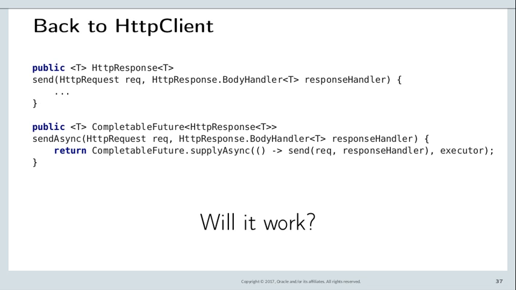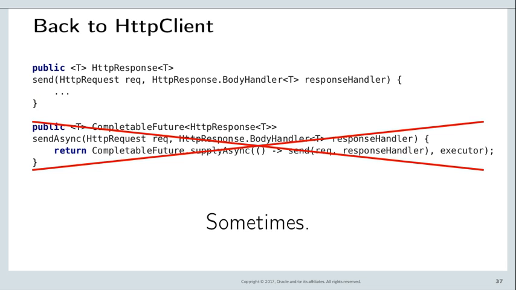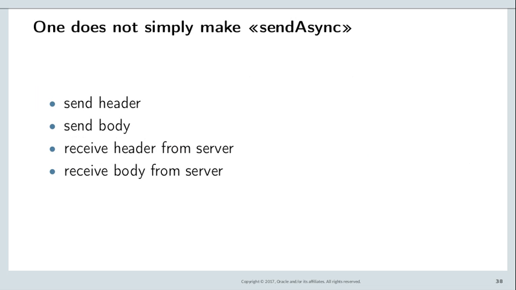Let's move from abstract API particularly to the HTTP client. How will it work? Again, my answer is sometimes. Of course, sometimes it will work, but I know situations when it doesn't work, and I want to explain such a situation to you. So how does a simple HTTP request work?